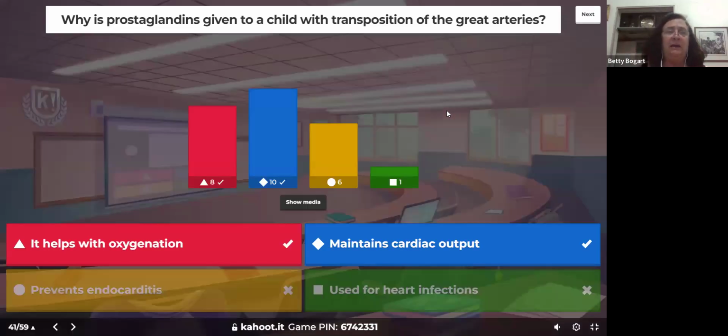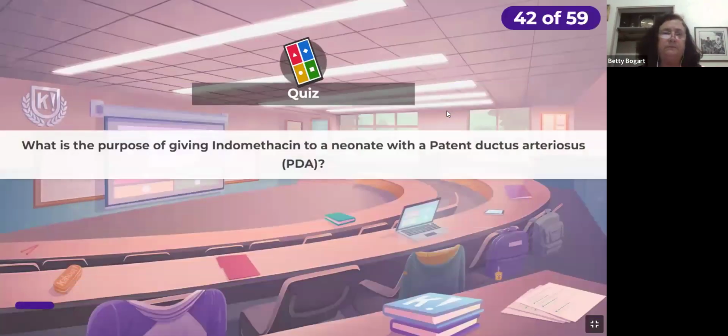That's your PDA. And at birth, mommy's gone, so we give it to that child. It helps with oxygenation and it maintains cardiac output. It is not an antibiotic, it's not used for infections. It's a hormone to keep the duct open to allow oxygenation and cardiac output.